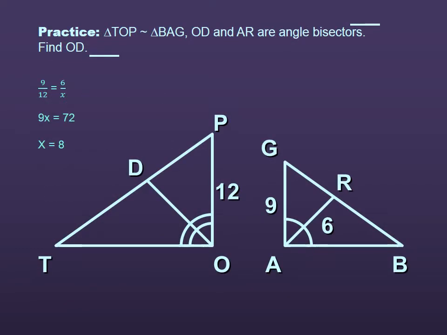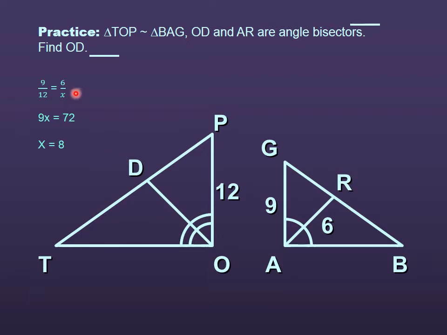Our next two triangles: triangle TOP is similar to triangle BAG, and OD and AR are angle bisectors. That means we get to use our theorems. We want to find the angle bisector OD. We set up a proportion: the ratio of the sides is equal to the ratio of the angle bisectors. The ratio of the sides is 9 to 12. So 9 over 12 equals, since we started with 9, we start with the angle bisector over here, which is 6, over x, since we don't know this angle bisector.